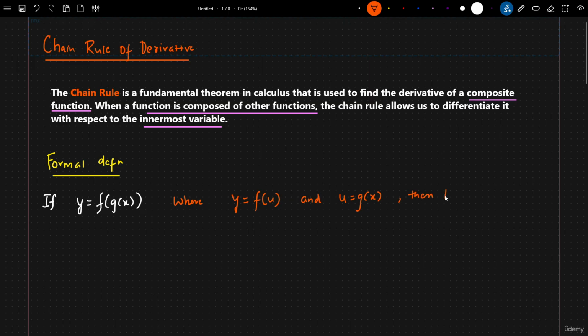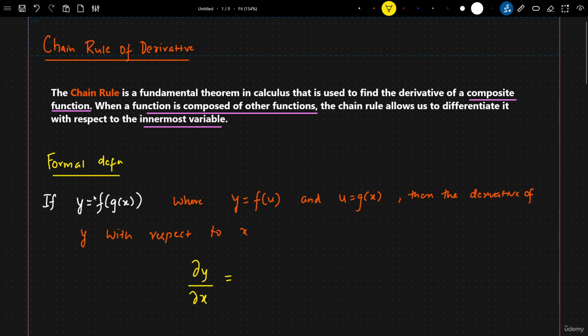according to the chain rule, the derivative of y with respect to x is basically given by, how do we write the derivative? dy by dx. Okay. This is what we are going to find.